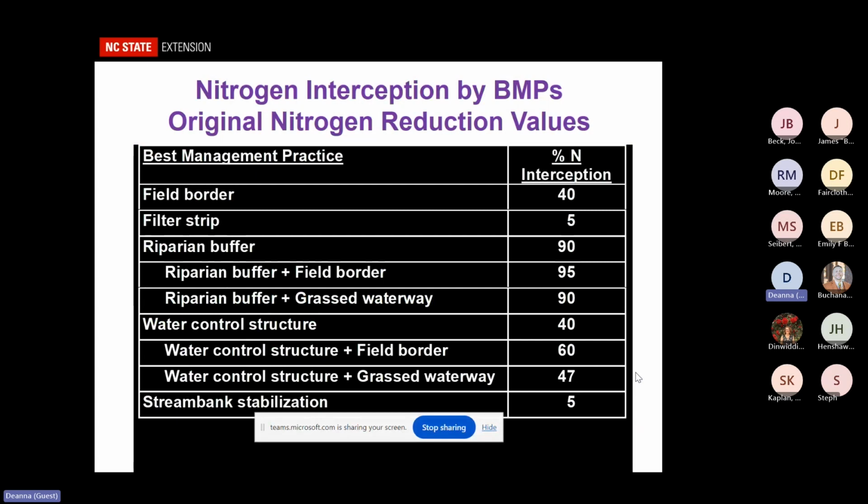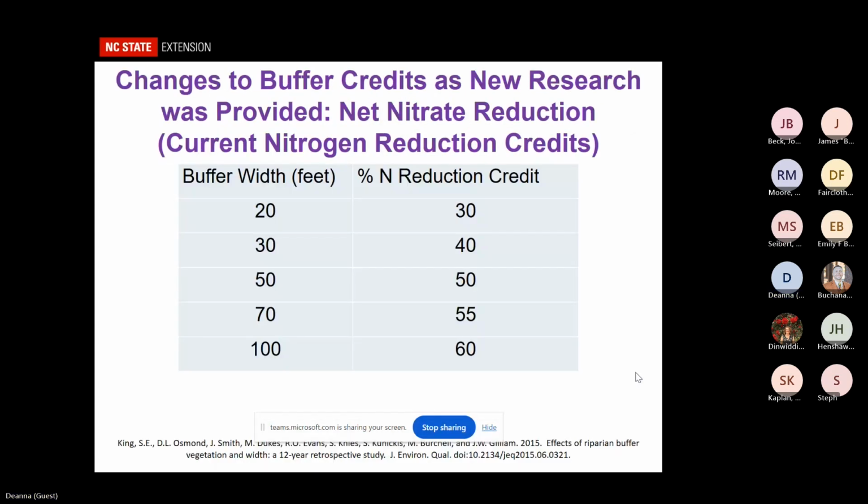And I'll tell you why they're wrong and what we did to change them. The water control structure data, we had very solid data for, and it's remained in place. And we gave 5% reduction of nitrogen to stream bank stabilization. But let me just tell you that was kind of a guess, and it never ended up being programmed into NLU because we just had so much uncertainty around that.